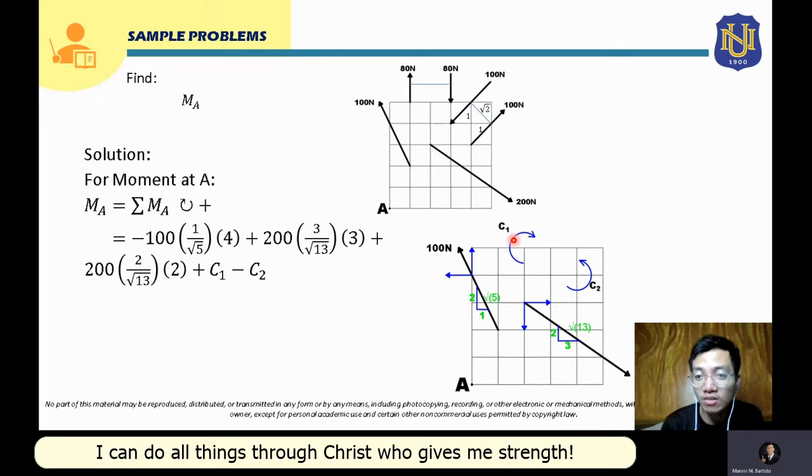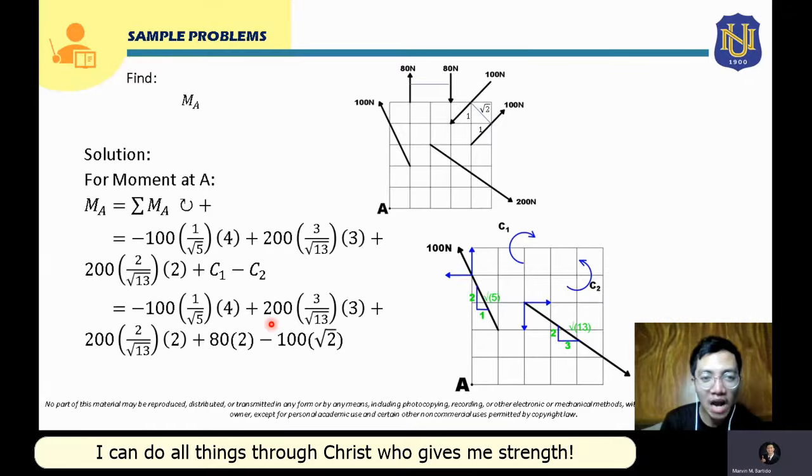Our sign convention here is that clockwise is positive. That's why it will be positive here. Now for our second couple here, we know that its direction is counterclockwise. So from our sign convention, it will be negative here. Again, our C1 will be F times D. So that will be 80 times 2. So 80 times the perpendicular distance between these two forces, which is 2.